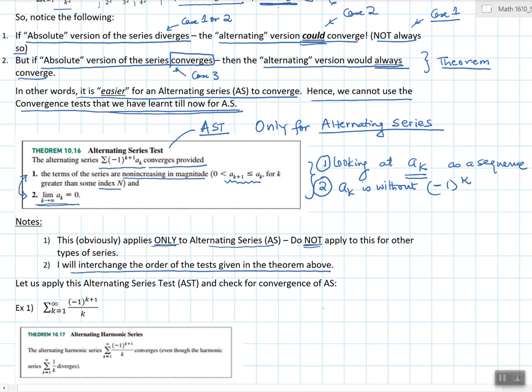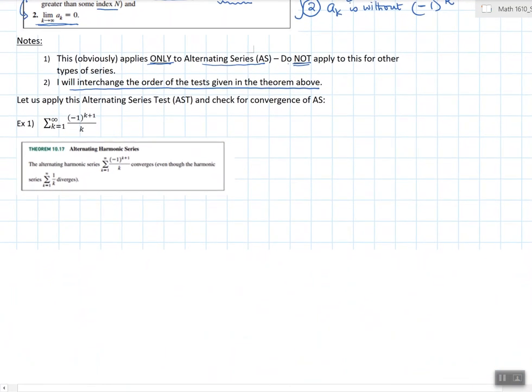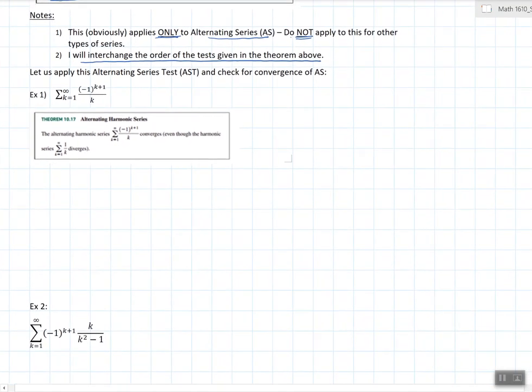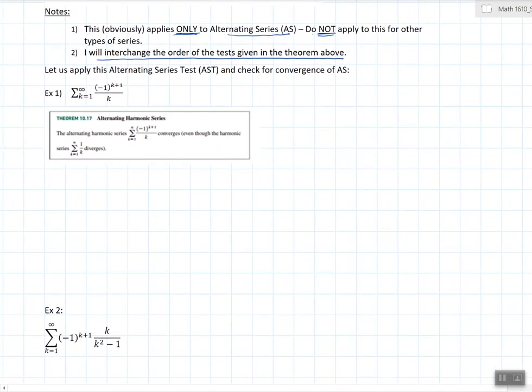So let's apply the alternating series test to check the convergence of obviously the most popular one, and that is the alternating harmonic series. So this is the series that we are studying. So the first thing to do always with alternating series is to pick out the ak.